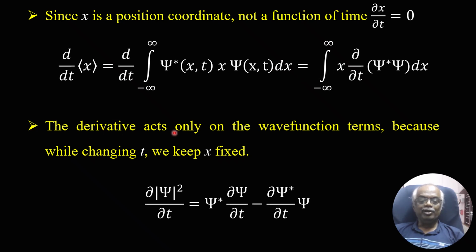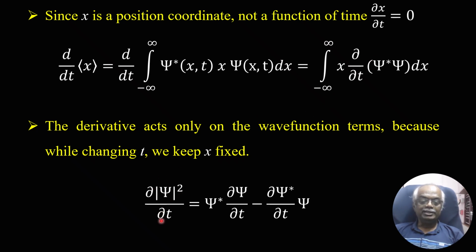The derivative acts only on the wave function terms because while changing t, we keep x fixed. A simple logic: if you are differentiating this with respect to t, we are keeping x as a constant. We are not changing x. We are differentiating only with respect to t. So naturally, psi star psi. What is psi star psi? Modulus psi squared.